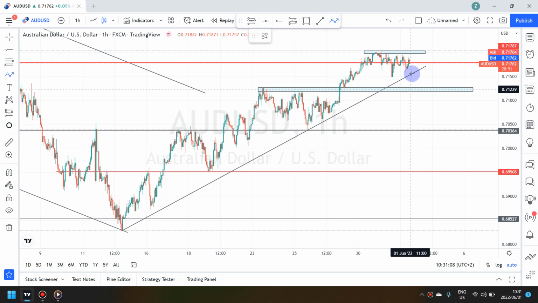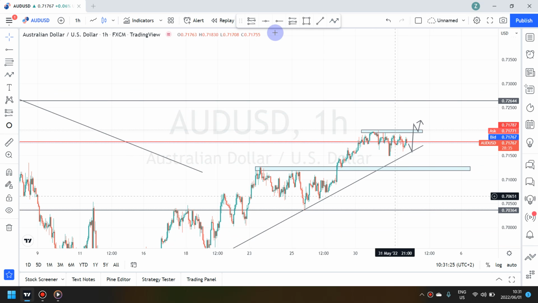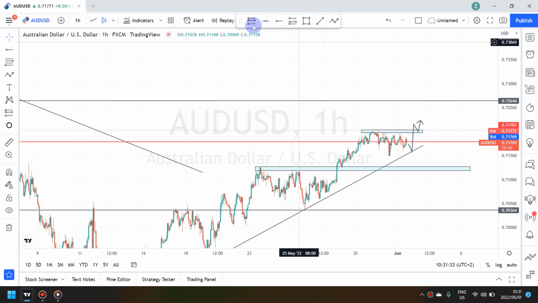But if it gives us the third touch and pushes to the upside, breaks our zone and retests, that's where you can then place either your buy limit or your buy stop order.